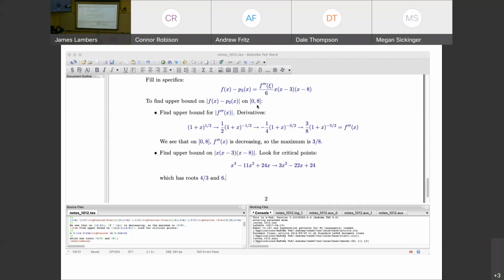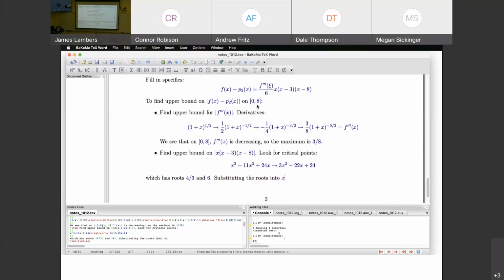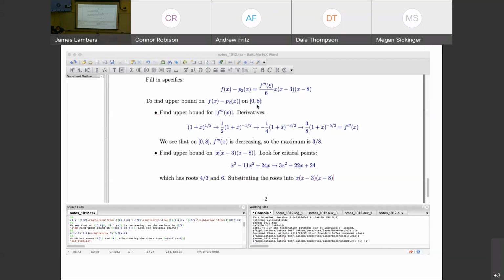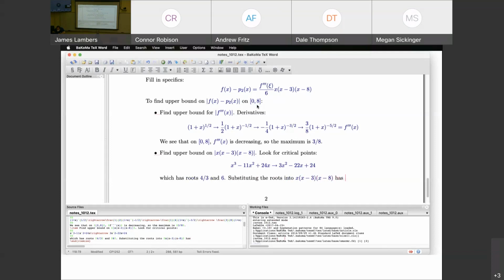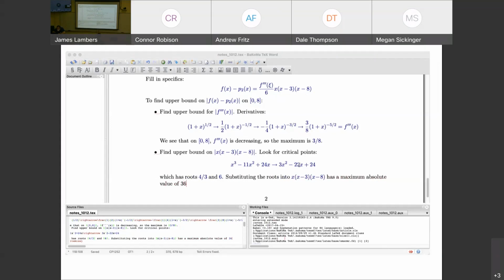Okay. So if I substitute the roots in there, into x times x minus 3 times x minus 8, what you get is a maximum absolute value of 36, because one of the roots gives you minus 36, the other root gives you like 14.8 something.